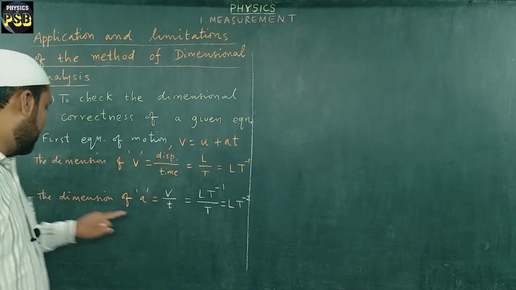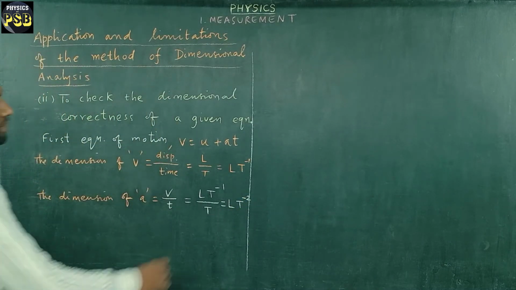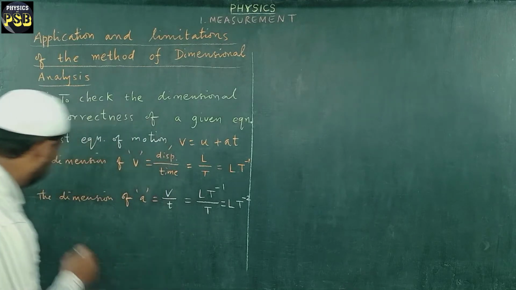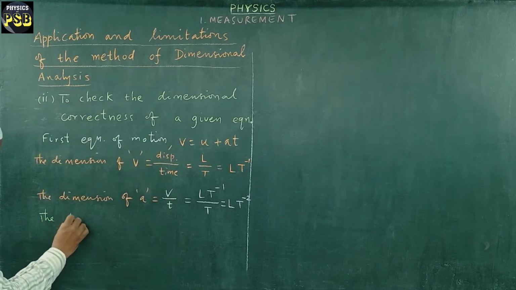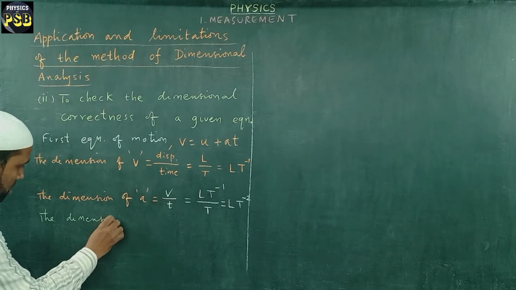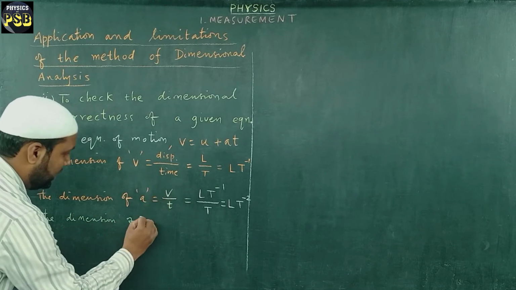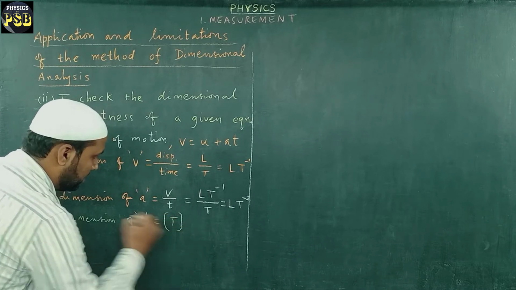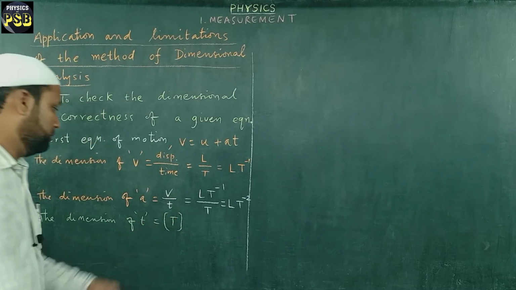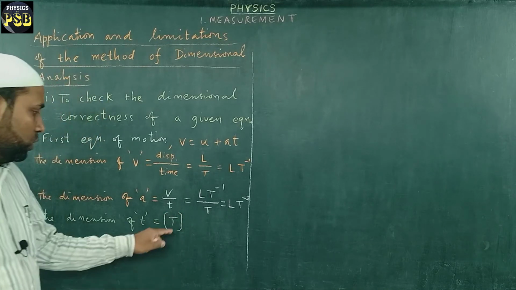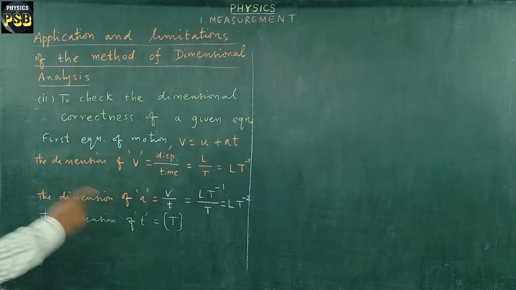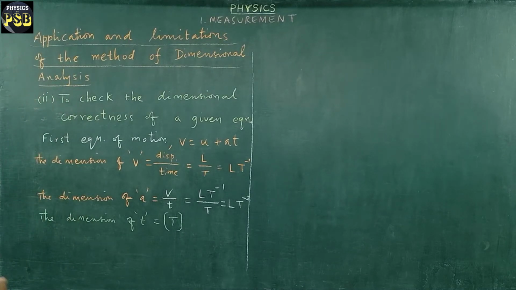LT power minus 2 is the dimension of acceleration. The dimension of time is T. This is the dimension of time. I told you earlier, when there is no power, that means the power is 1. So I write it this way.